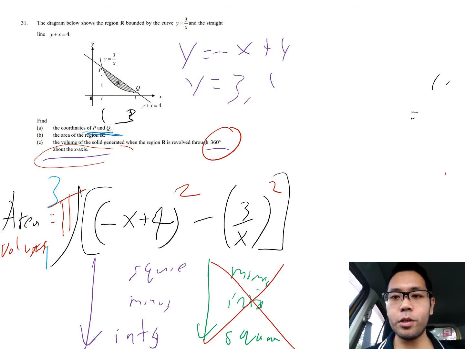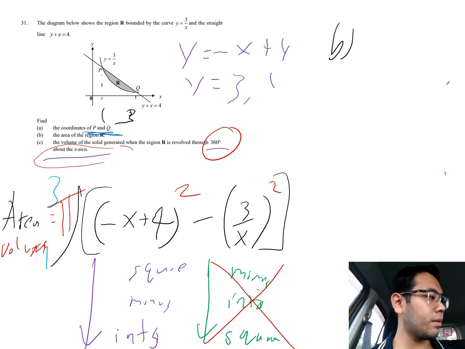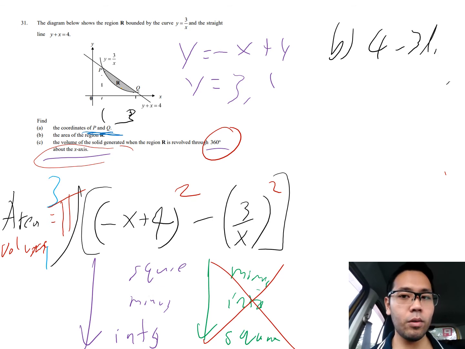The answer for the question will be: B is 4 minus 3 ln 2. For C, oh my goodness, 8 over 3 pi.